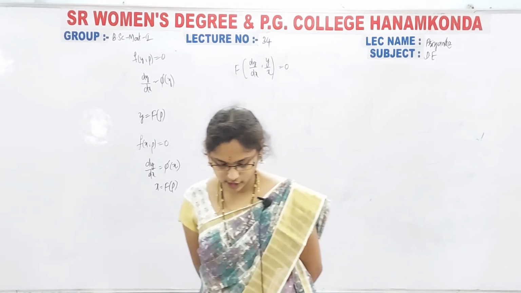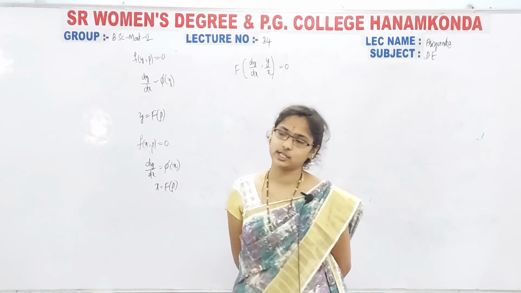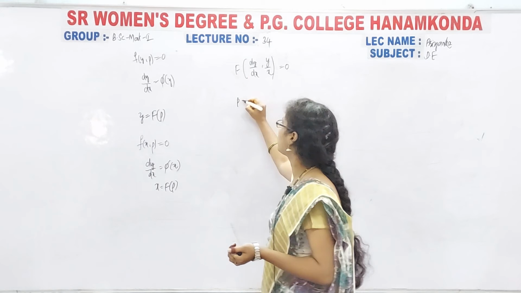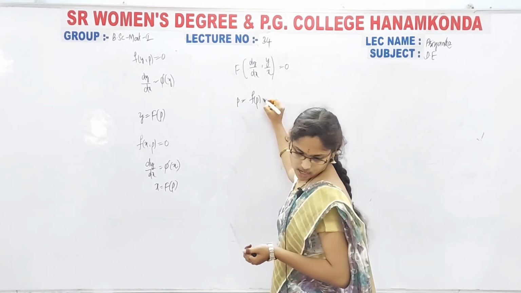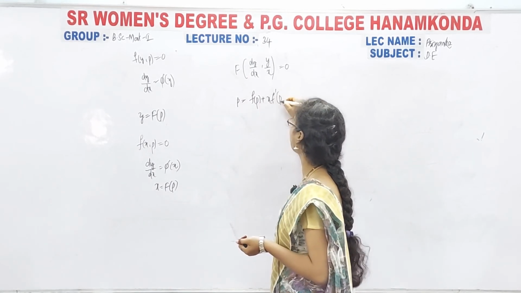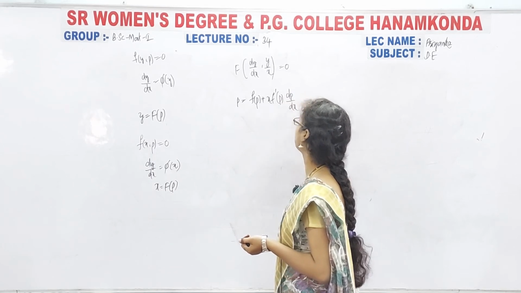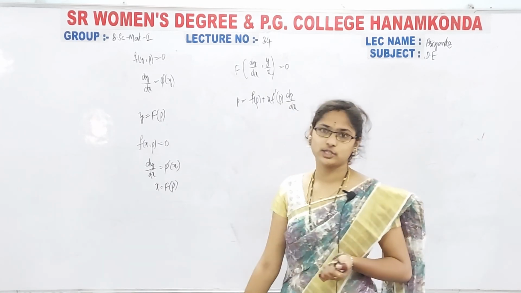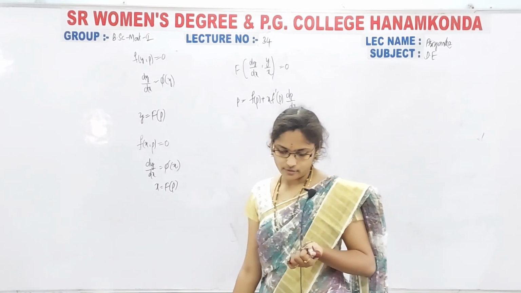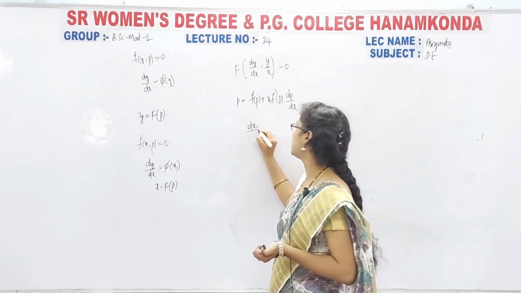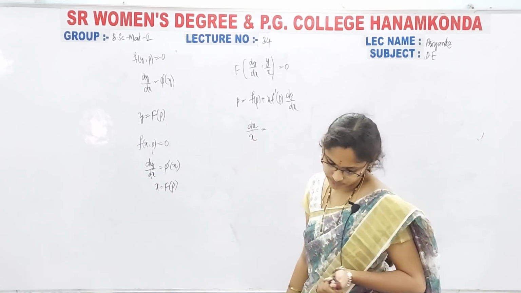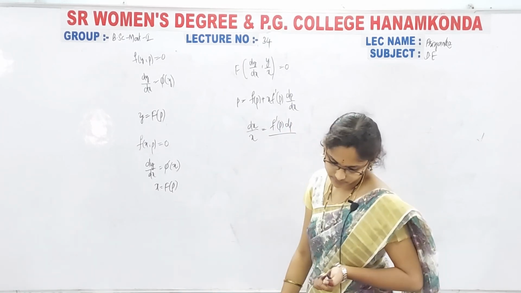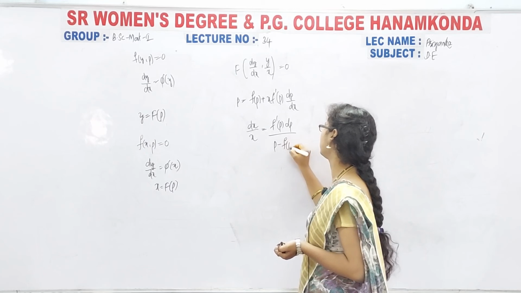By differentiating with respect to x, we get p is equal to f of p plus x into f dash of p into dp by dx, from which dx by x is equal to f dash of p into dp by p minus f of p.